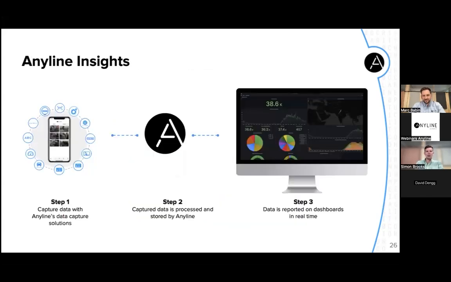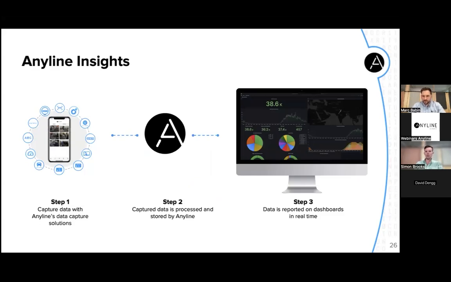Finally, another thing we do with all that data: we don't just use it for ourselves, we don't just use it to build machine learning models. We also enable our customers to see this data themselves, within the product that we call Anyline Insights. Data is captured from whatever combination of modules our customers are using.